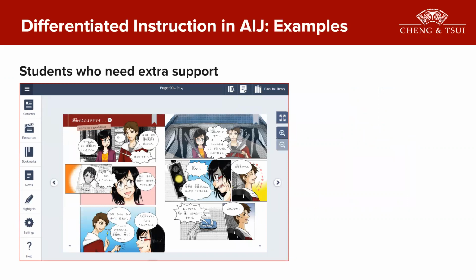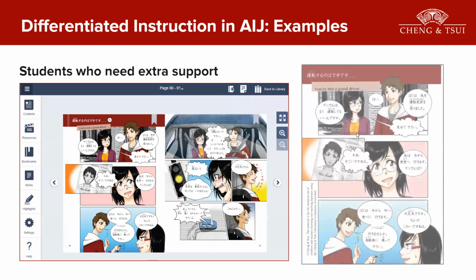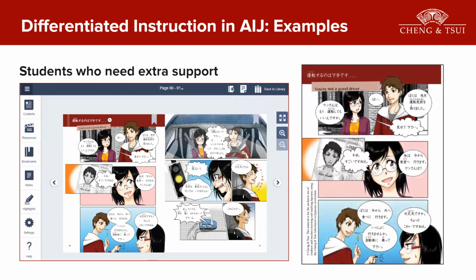For students who happen to be struggling, looking at multiple pages of dialogue, text, and graphics can sometimes be overwhelming. The manga file on your right-hand side breaks down multiple page dialogues into single and focused mini dialogues on one page to display less information, and students can focus on more manageable learning materials.